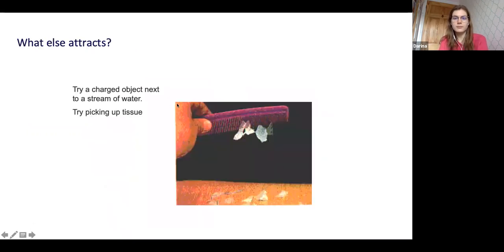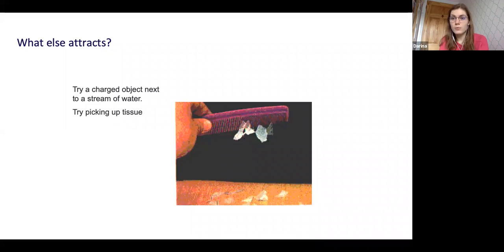Great. What else attracts? Well, we could have a charged object next to a stream of water. If we have a rod that we've charged up, we bring it next to a stream of water. Water molecules are actually charged, kind of. They have negative bits and positive bits. So you can repel a stream of water with a charged object via static electricity. Again, the picking up tissues example is what I used at the beginning.